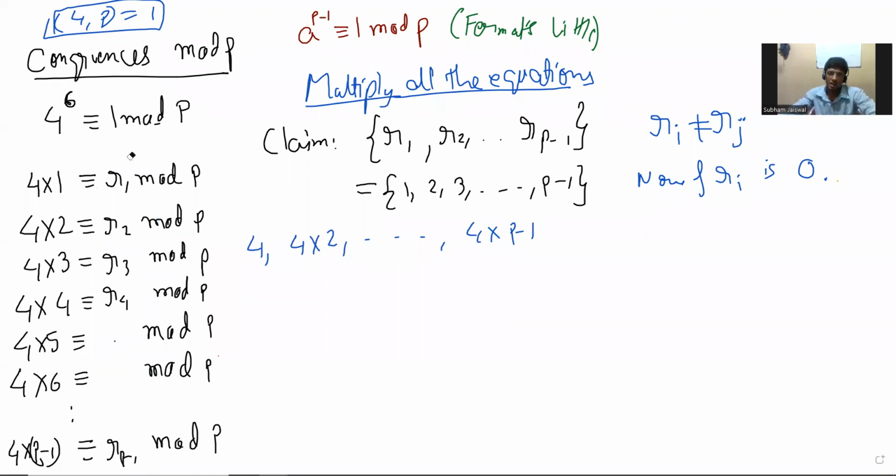Okay. And yeah, but before that, let's just work out a few more examples. Okay, so let's take p equal to, let's keep 4 as it is, and let's take p equal to 11. And so you guys tell me the sequence of remainders. Yeah, 4, and so 4 times 2, what do you get?